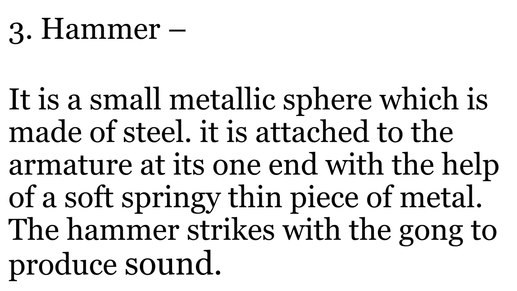It is a small metallic sphere which is made up of steel. It is attached to the armature at its one end with the help of a soft, springy, thin piece of metal. The hammer strikes the gong to produce sound.